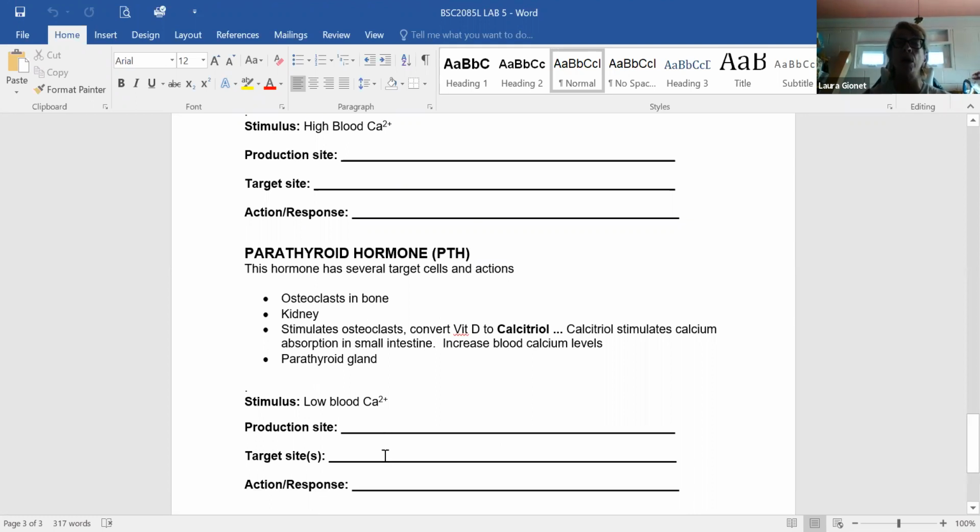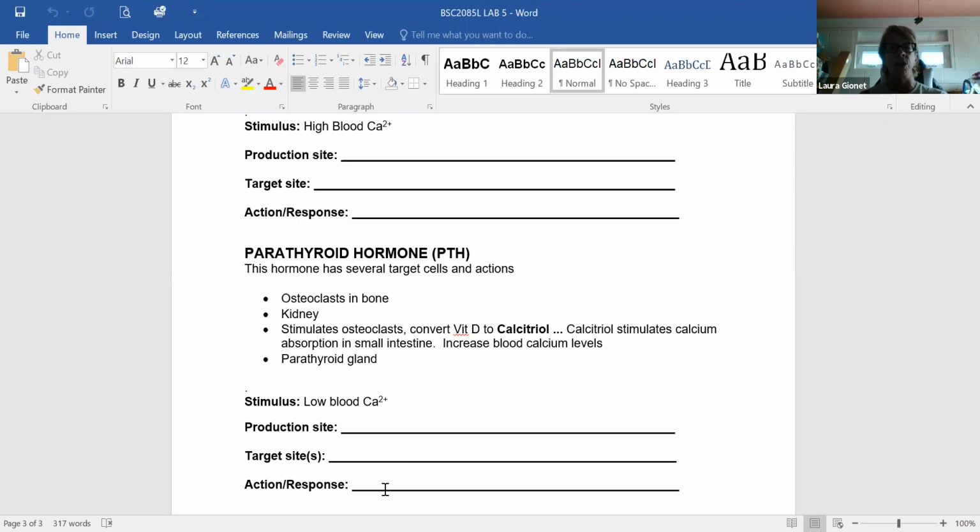The targets, there are two targets. So how parathyroid hormone works to elevate blood calcium levels is a little more complicated than just having an excess of something. All right, so parathyroid is going to do a couple things. It's going to target the kidney, all right? And at the kidney, the function once the parathyroid hormone targets it is going to convert vitamin D to calcitriol.